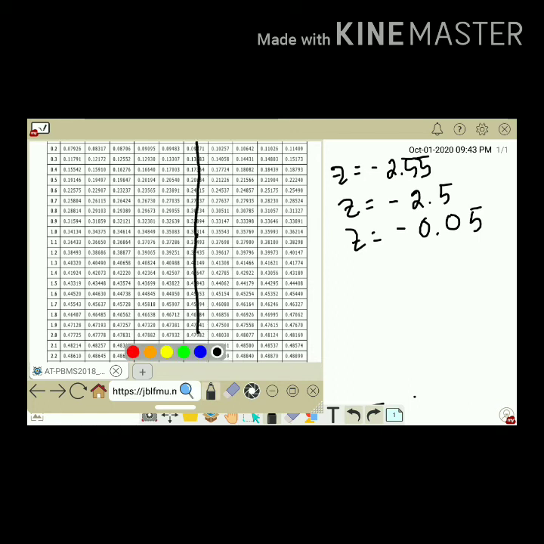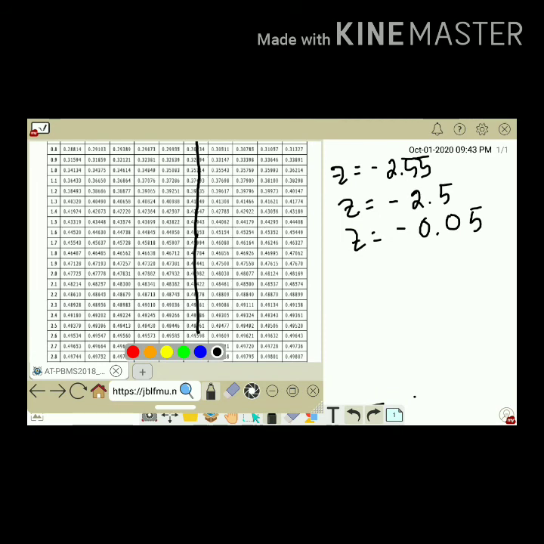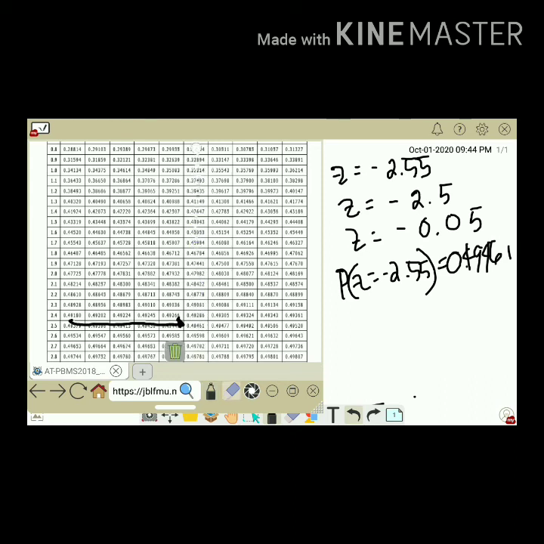Okay, this is 2.5, and then 2.5. So the area of P of z equals negative 2.55, the intersection, that is 0.49461. That's the area.